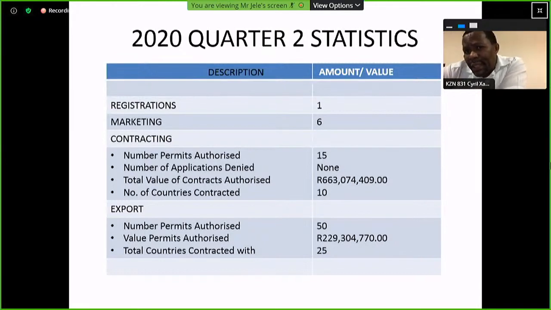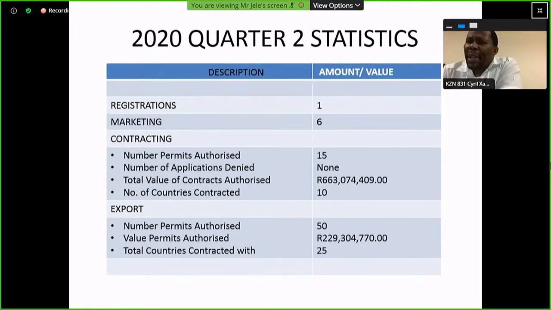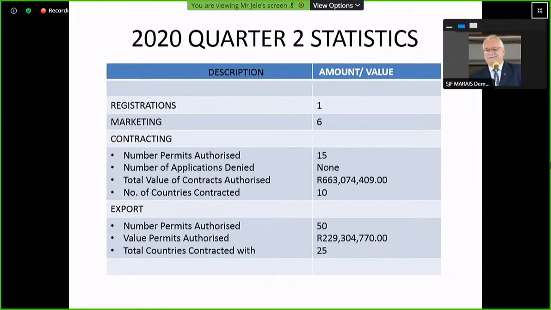From the industry itself. We'll be meeting with the industry in the next week or so. But I'm sure the NCACC chairperson, who is dealing specifically with the end user certificate, will know whether that has been resolved. No, Mr. Marais, it's public information. It was gazetted. Yeah, I know.